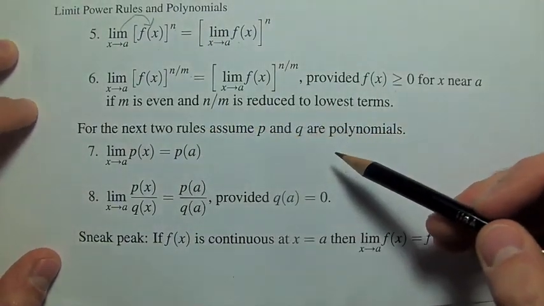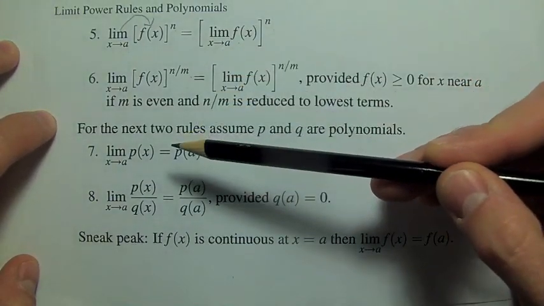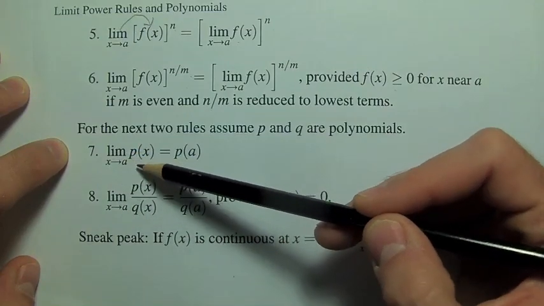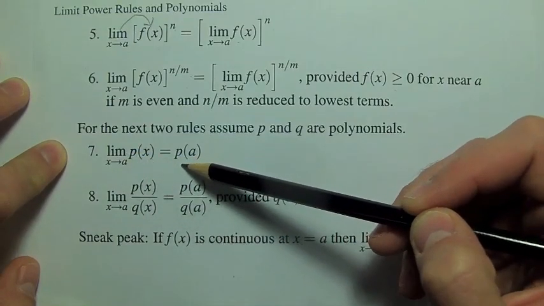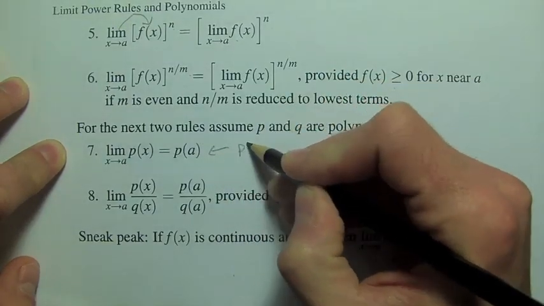Here, for the next two rules, we assume that p and q are polynomials, and basically the limit as x goes to a of a polynomial p of x is just plugging a into the polynomial. Plugging in a.